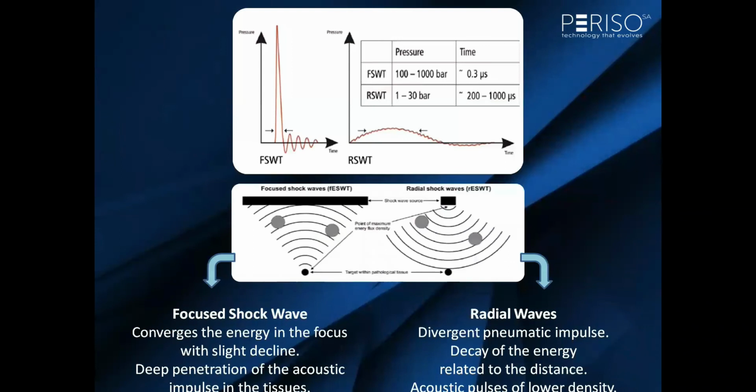We know that the biological response of the tissue depends on the machines, and we understand this because of the difference between focused shock waves and radial shock waves: the possibility to converge the energy in the focus and to go deep, compared with radial shock waves, which are divergent pneumatic impulses whose energy decays with distance.